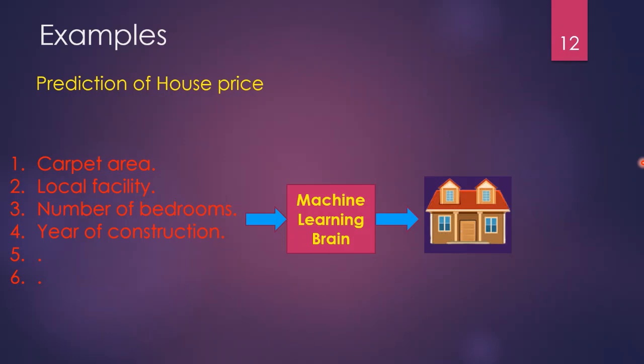The benefit I will get is, if I give this set of features for some unknown house, with this carpet area, this local facility, this number of bedrooms, this year of construction, I will get a basic understanding that there is a probability of the price of the house being in this particular range.